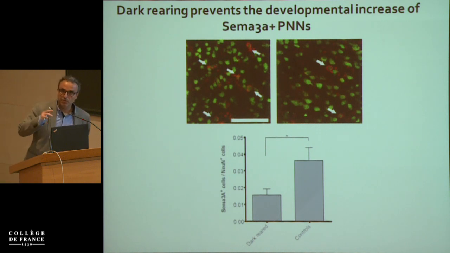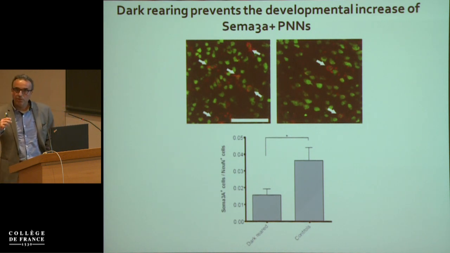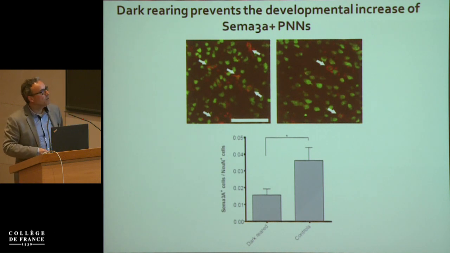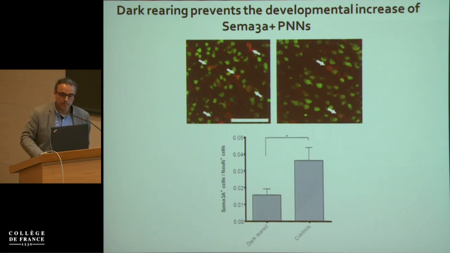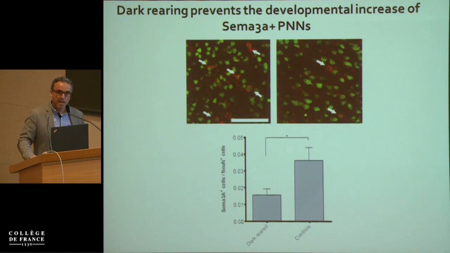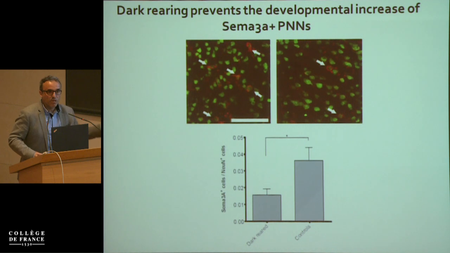So again, if you dark rear animals, you don't have development of the perineuronal nets, and you also see very few SEMA3A stained cells. So this was suggesting that SEMA3A could be one of the factors that are concentrated at the net, and considering its inhibitory action, for instance on sprouting, we imagined that it could participate in the inhibition of plasticity in the adult visual cortex.